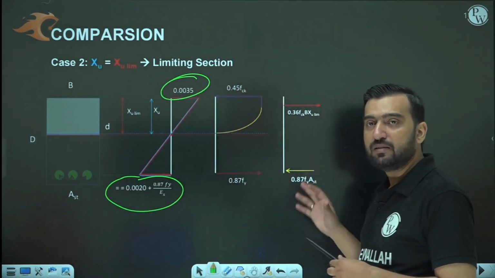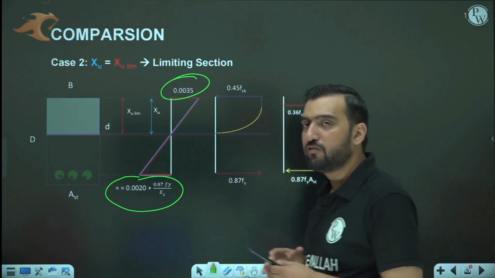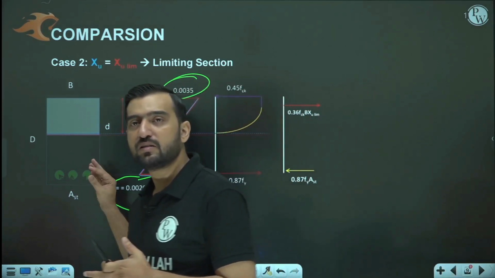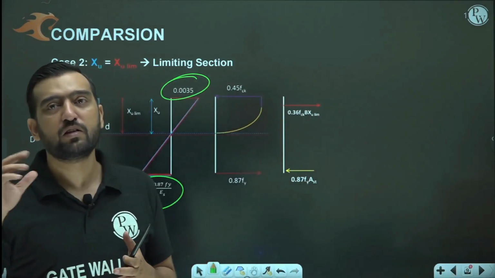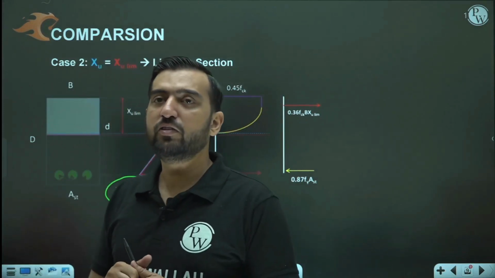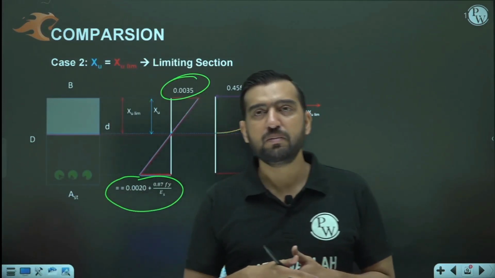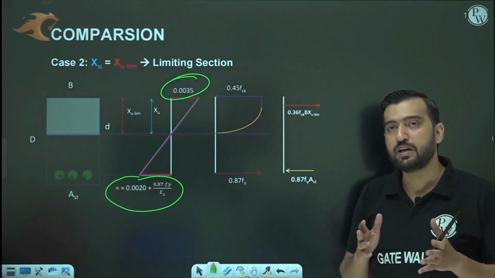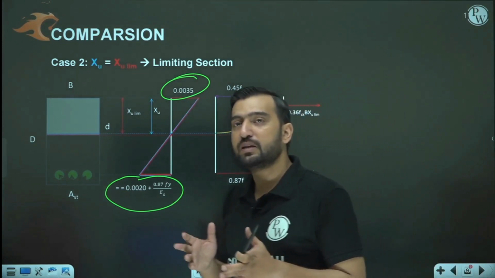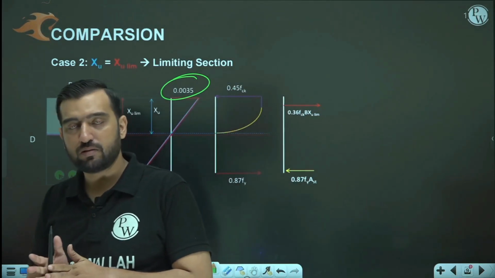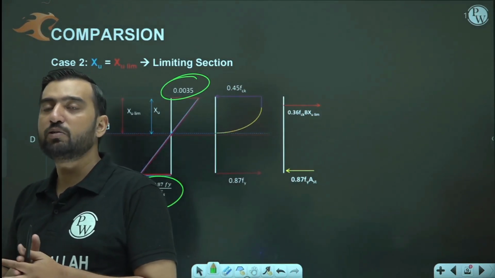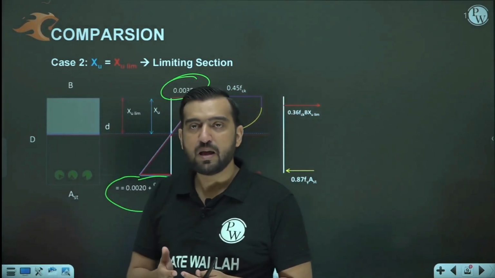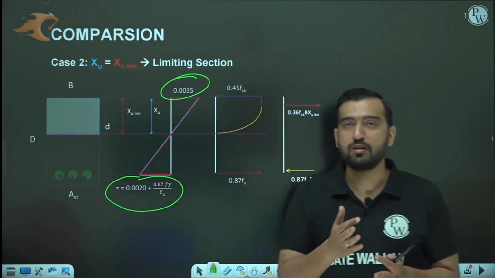This case is a standard case, and we also consider this case as a reference for the design of a singly reinforced beam. So whenever we have to design a singly reinforced beam, we are simply going to equate our external bending moment or factored bending moment with the limiting moment of resistance. Based on that you are going to calculate the depth of the section, and based on that you are going to calculate the area of steel.